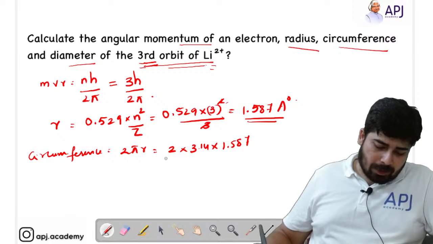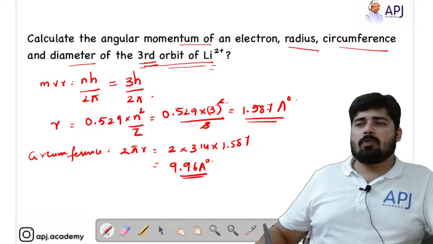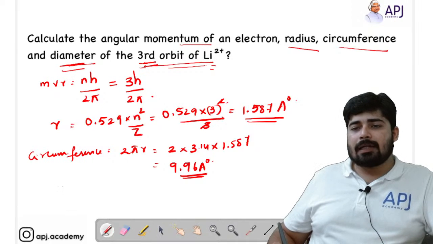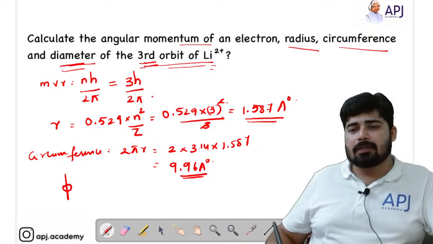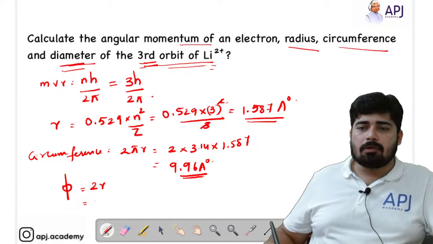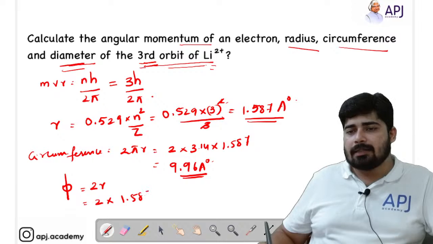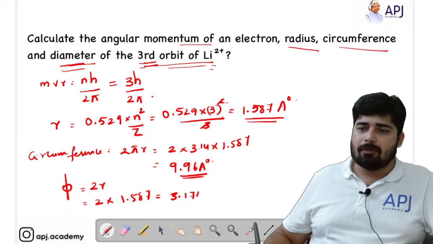You can just calculate it, and you will get the value as 9.96 Armstrong. Now, one more thing you have to find out, that is the diameter of the orbit. Diameter is equal to 2 times radius. So it is equal to 2 into the radius, 1.587 Armstrong, that is equal to 3.174 Armstrong.